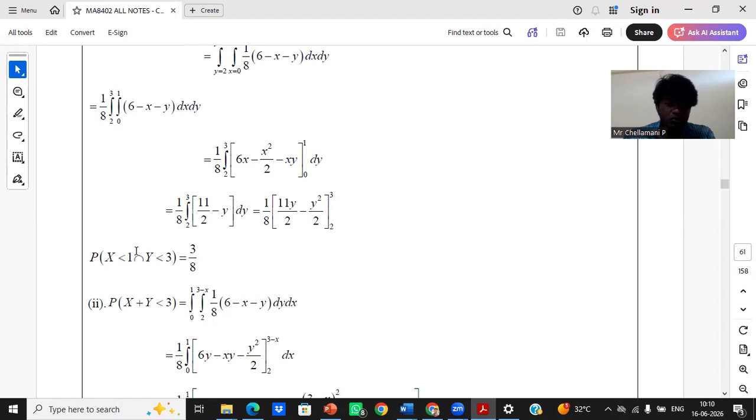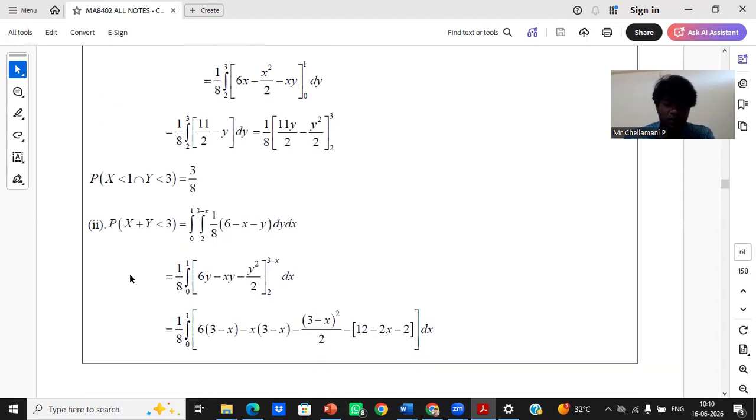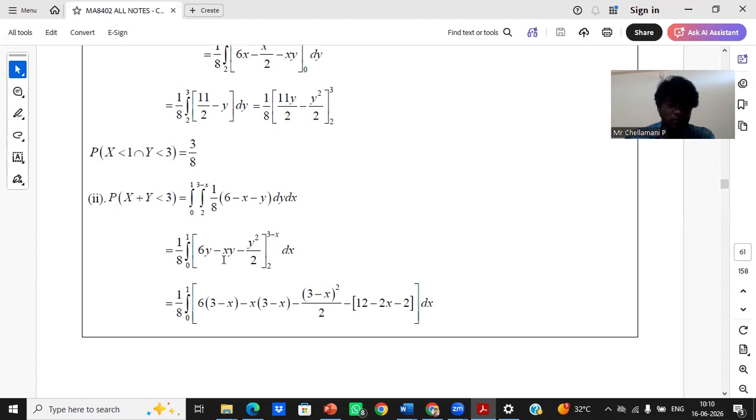So subdivision number 2 is probability of x plus y less than 3 is equal to, so our limit value is 0 to 1, that is the x limit, and the y limit is 2 to 3 minus x. And our function is 1 by 8 of 6 minus x minus y. Now integrating this function with respect to y, we get 6y minus xy minus y squared by 2.